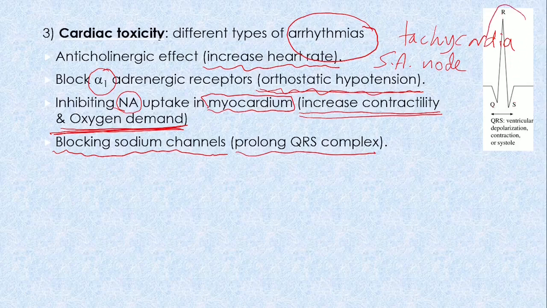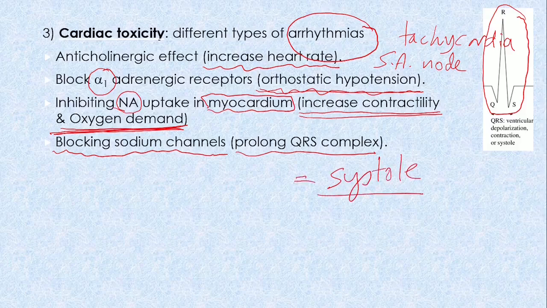QRS is actually the depolarization of the ventricle, which is the systole. Systole, as we know, is when the excitation reaches the ventricle and it will contract. This contraction of the ventricle will result in cardiac output.